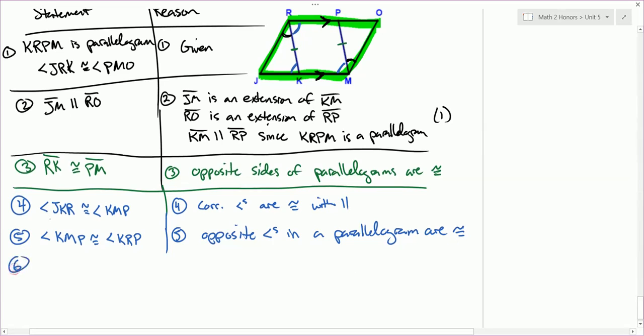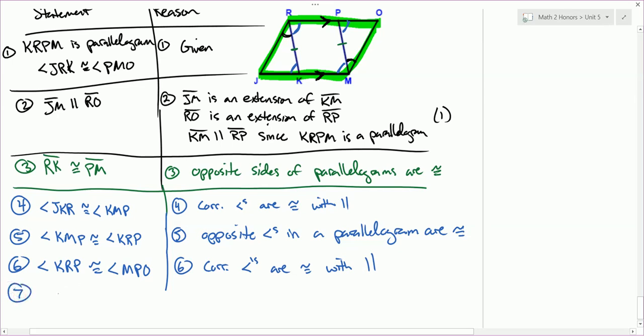And then we could say angle KRP is congruent to angle MPO, by corresponding angles are congruent with parallel lines.